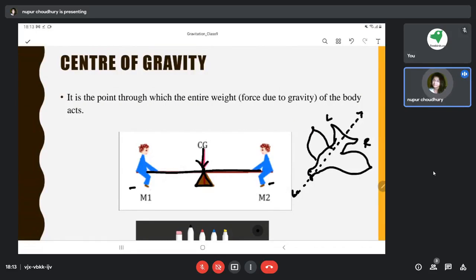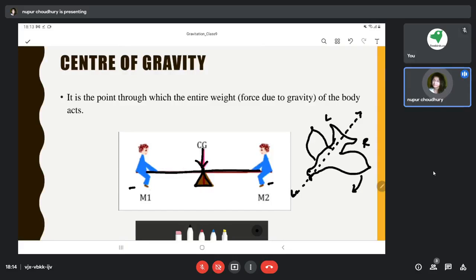The right side will exert some moment and the left side will have a certain moment. Now I'm trying to cancel out both of these. That means the weight on the right side is approximately the same as the weight on the left side. We have to understand that weight is nothing but the force due to gravity.